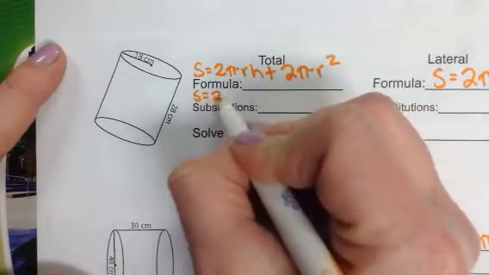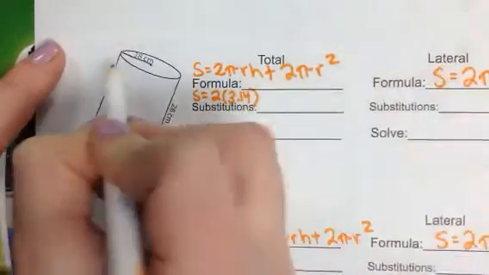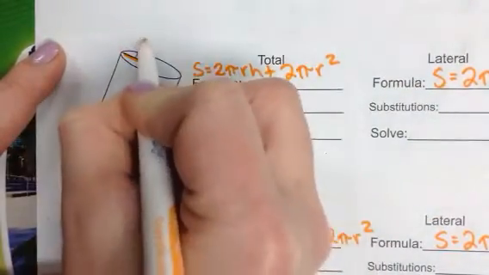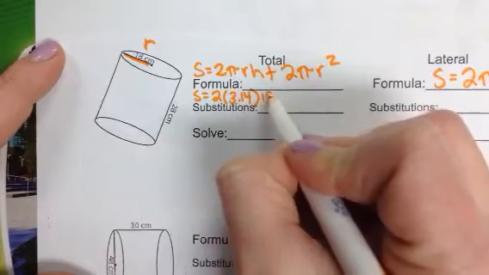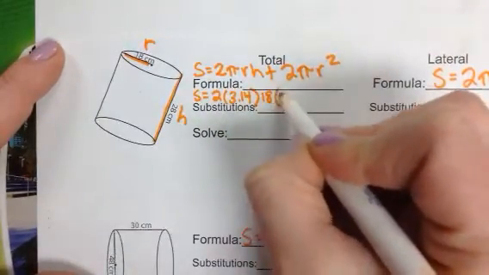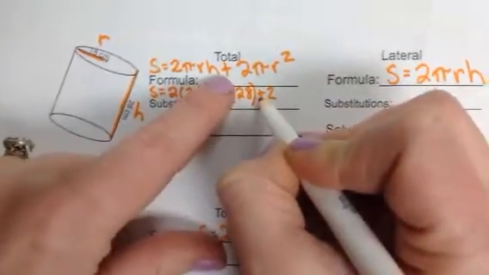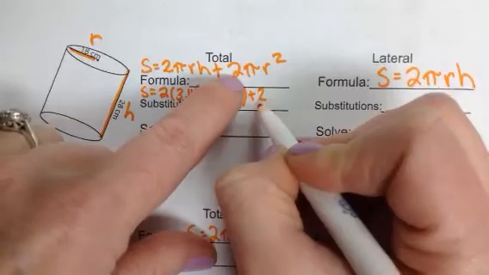It starts with a 2, I got to keep it. Fill in 3.14 for the pi symbol. This one does show me the radius is 18, and it shows me the height is 28. Okay, so I'm bringing down the plus sign. It starts with a 2.